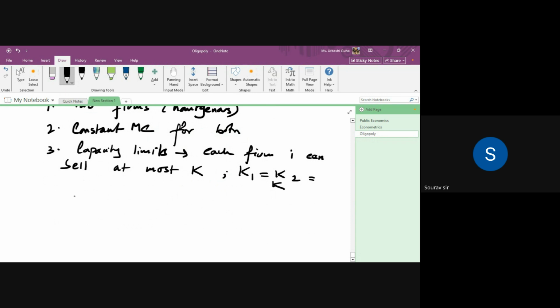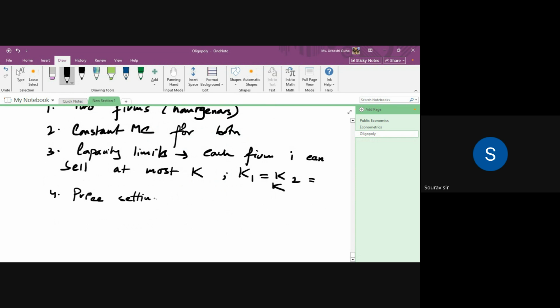And price setting will be just like Cournot we did, simultaneous. While you're reading also, I will suggest you remind the difference between what we are doing now and this, and it helps to remember what is what.